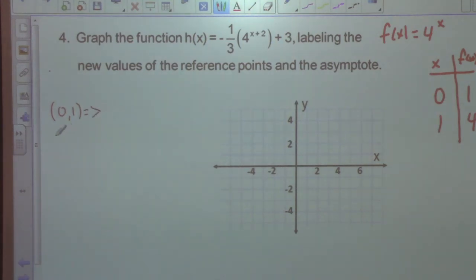I forgot something I wanted to do first: I wanted to take note of the horizontal asymptote. So y is equal to 3. Now what do you want to do first? Reflect. Yeah, we'll do that first. Reflect across the x-axis. What do we have here? 0, -1.